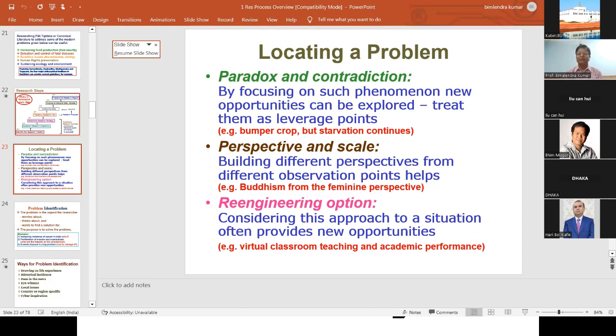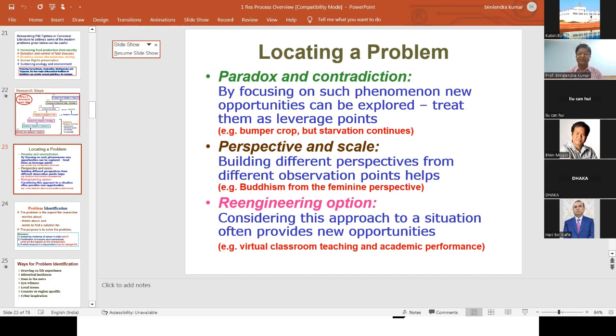There are so many problems, like there is growth in crop production, but still starvation continues. What are the main problems? One can identify problems related with the social, economic, and other aspects also.